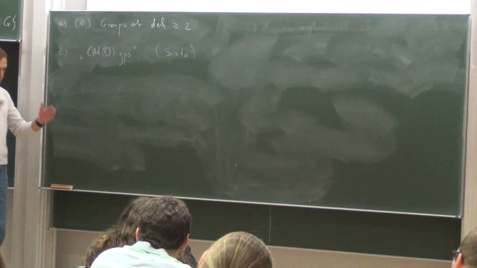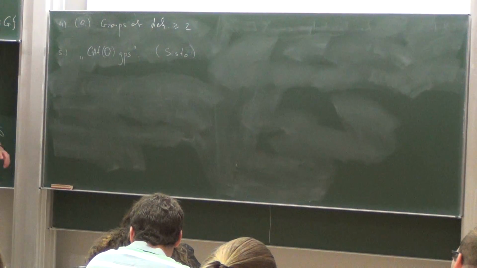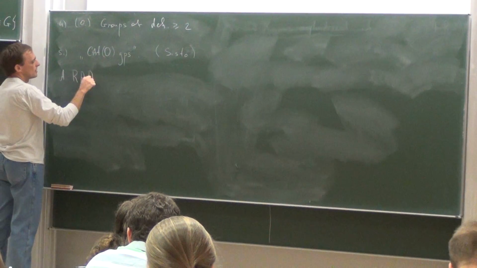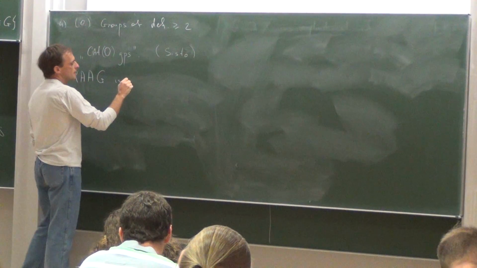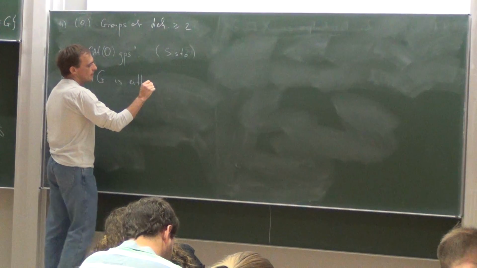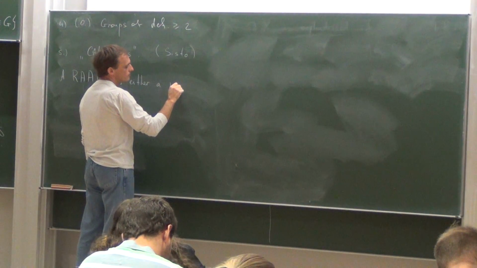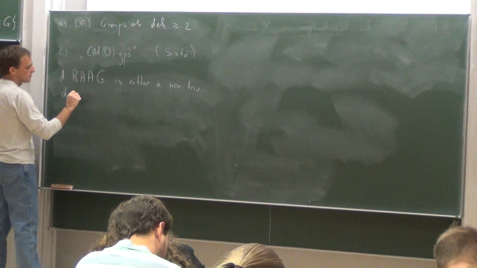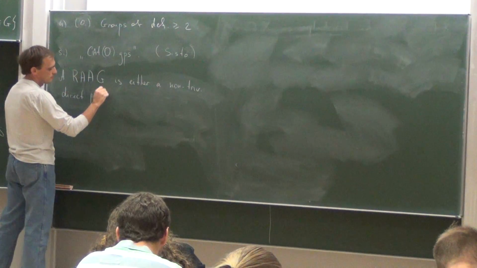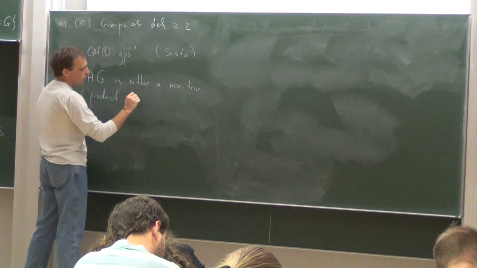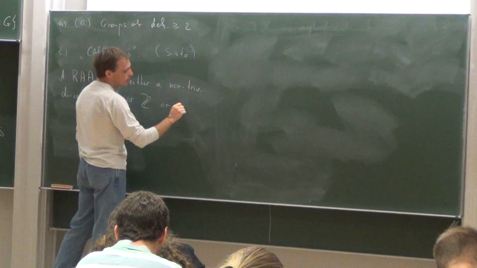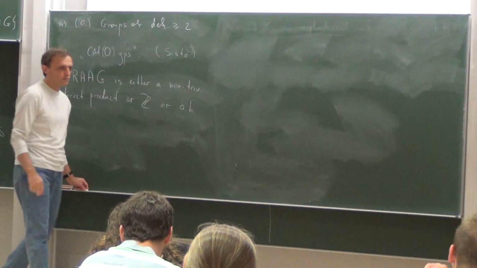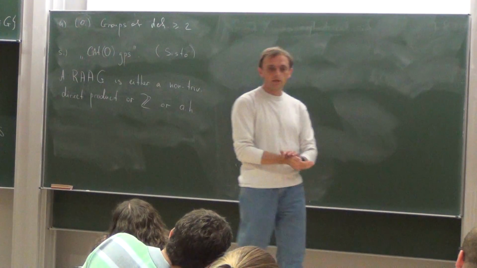But if you specialize this to some familiar CAT(0) groups like right angled Artin groups, a right angled Artin group is either a non-trivial direct product or cyclic or acylindrically hyperbolic. So if it's not cyclic and it's not a non-trivial direct product, it's acylindrically hyperbolic.